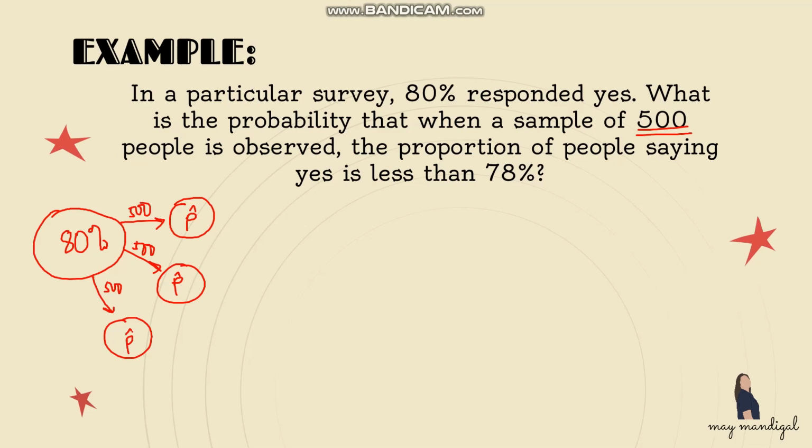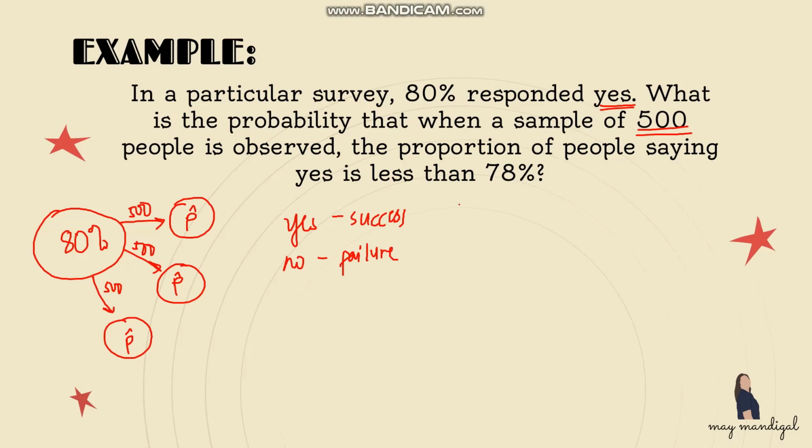So what we will do is identify first what is the success and failure of the experiment. Since we know that in a survey 80% responded yes, maybe the other one is no. So yes is our success of the experiment, and no is the failure.